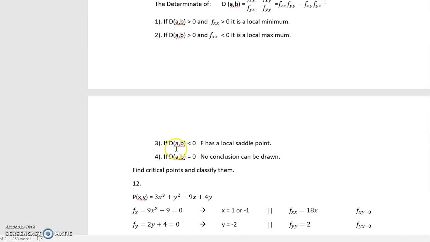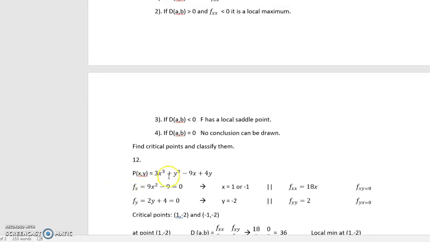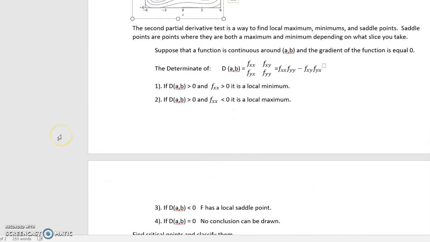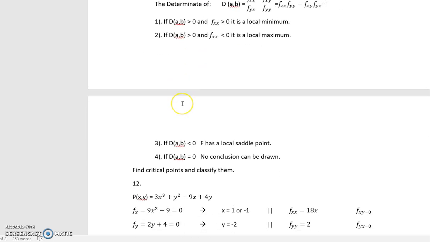Number 3, if D is less than 0, f has a local saddle point. And if D is equal to 0, then no conclusion can be drawn. To find critical points, you do the same as usual. You take the first derivative with respect to x and the first derivative with respect to y, set them equal to 0, and solve for x and y. So that doesn't change.